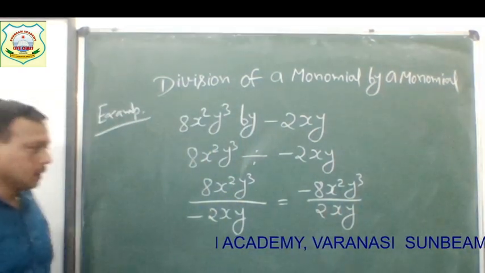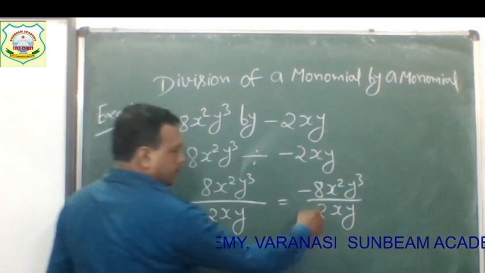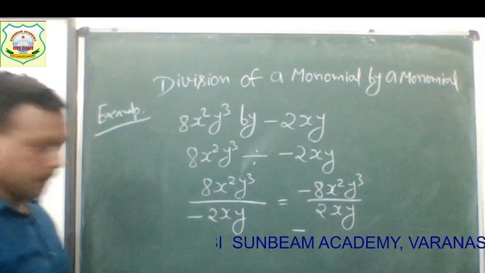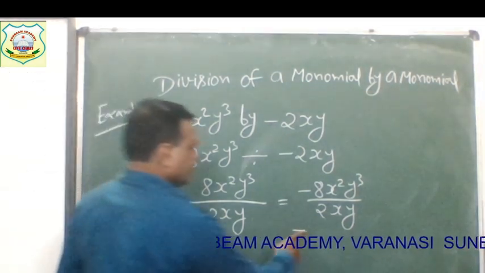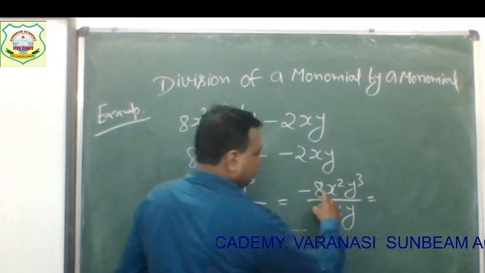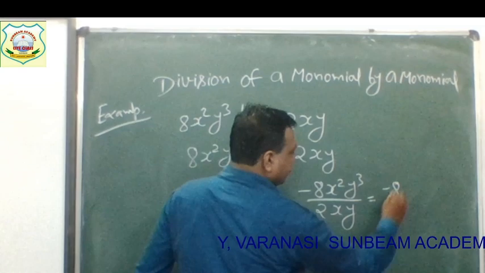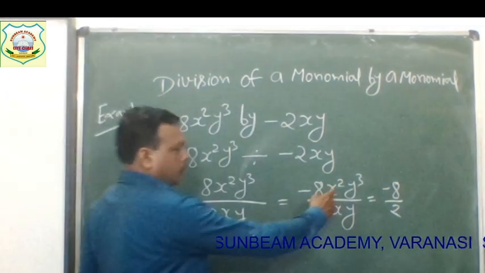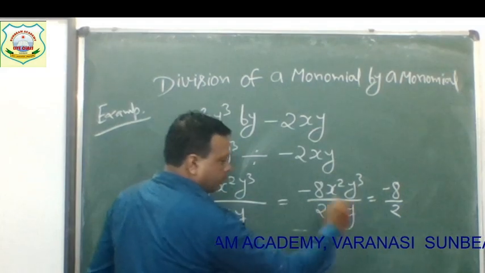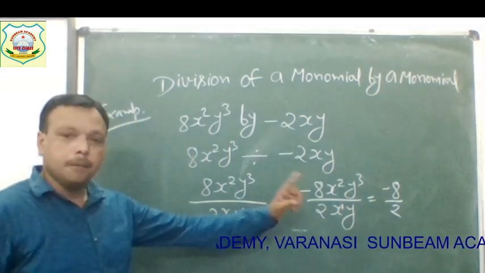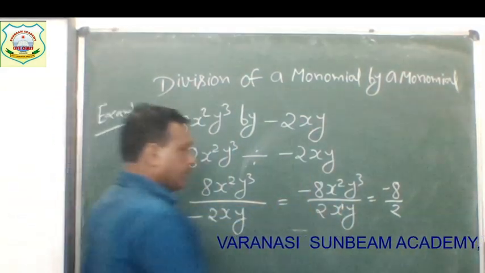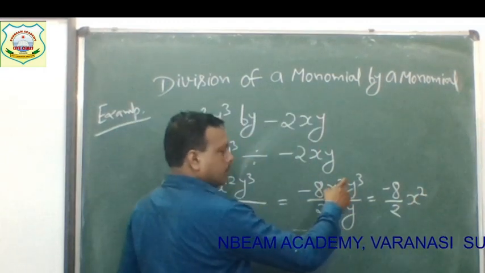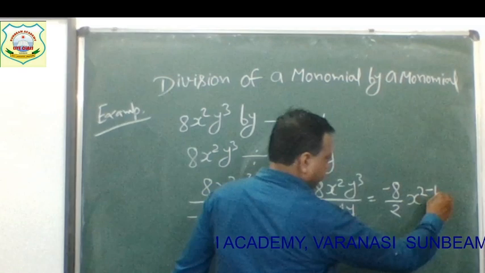Clear students? Now the numeric part, minus 8 upon 2. Now x power 2, here x power 1. The 1 will go in the denominator part, x power 2 minus 1.